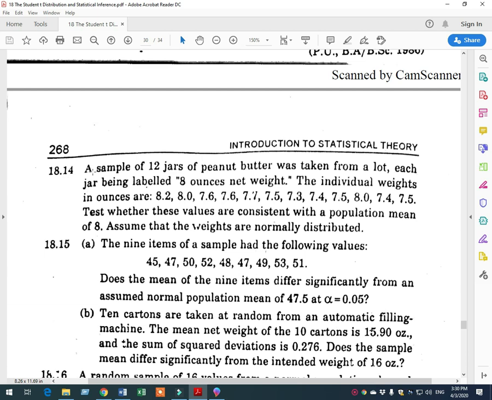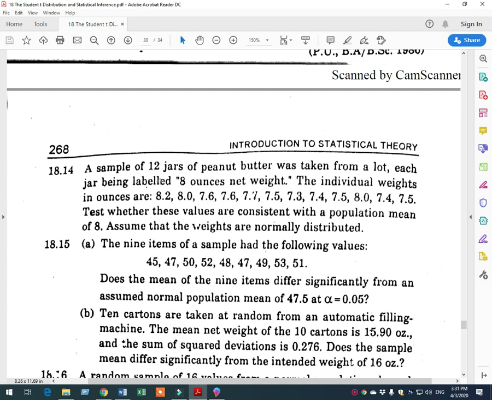Question 18.14 says that a sample of 12 jars of peanut butter was taken from a lot, each jar being labeled as 8 ounce net weight, and the individual weights in ounces are 8.2, 8.0, 7.8, 7.6, 7.7, 7.5, 7.3, 7.4, 7.5, 8, 7.4, 7.5.